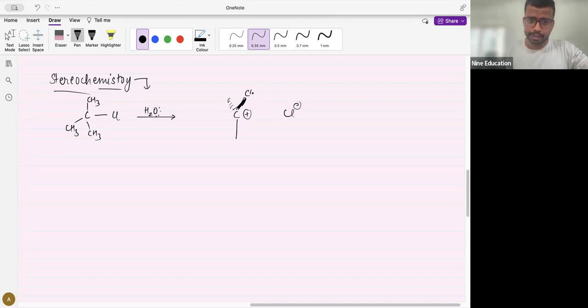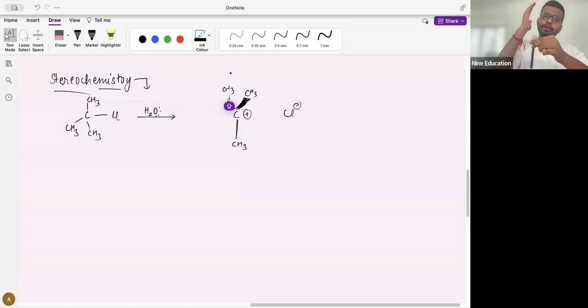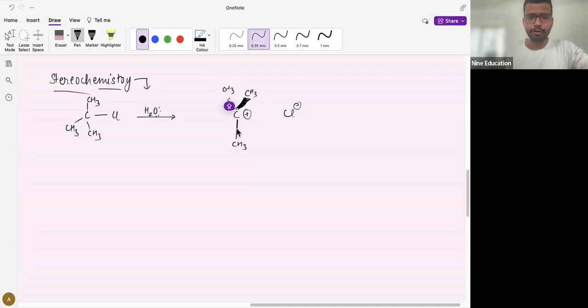So this CH3 is forward, this is on the plane CH3 and this is CH3. मतलब ये ऐसे it is put on the paper. This one on the plane, one forward, one backward. This is called what? This is the carbocation. ये हमारा कार्बोकेटाइन है.